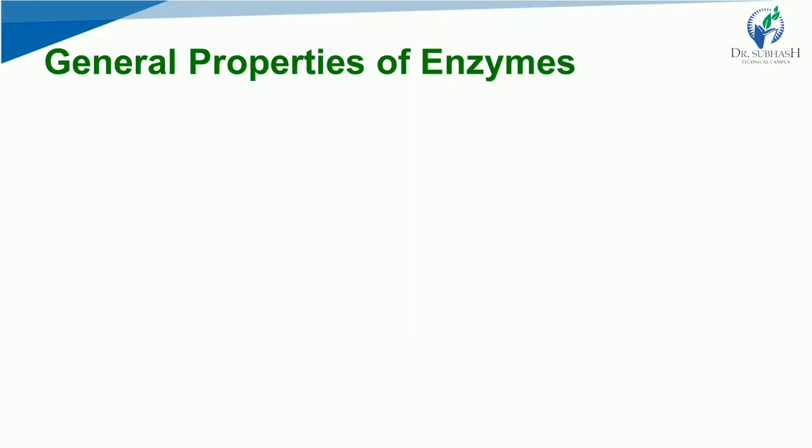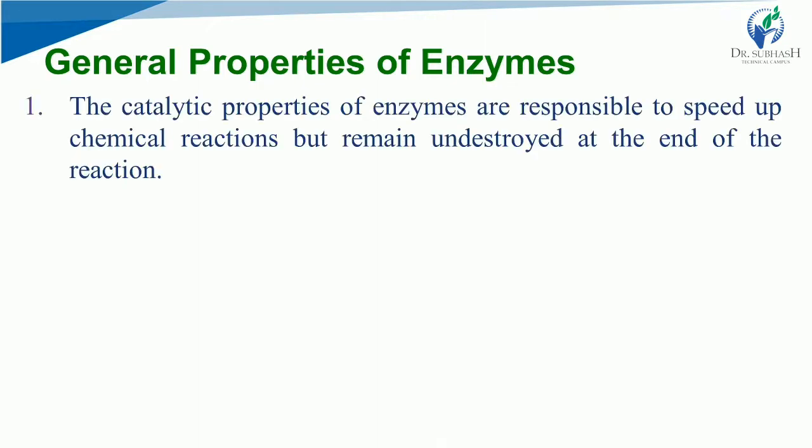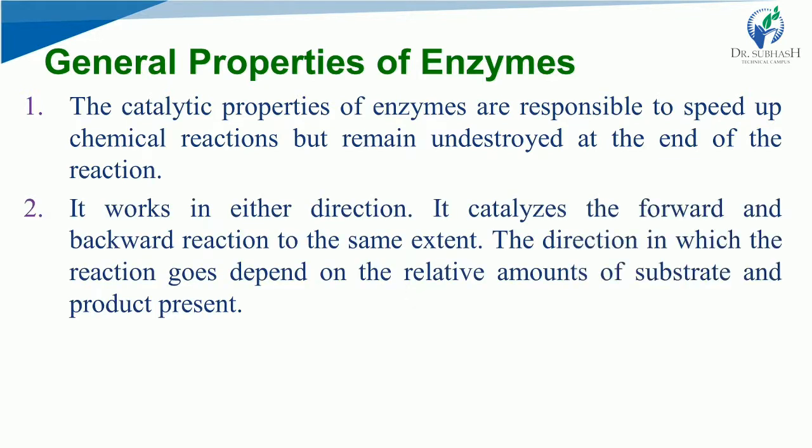So now when we talk about the enzymes, you should know some of the general properties. So we will take a quick look. The catalytic properties of enzymes are responsible to speed up chemical reactions but remain undestroyed at the end of the reaction. As mentioned in the definition itself, the catalytic properties of enzymes are responsible only to speed up the chemical reaction, but it will remain undestroyed at the end of the reaction.